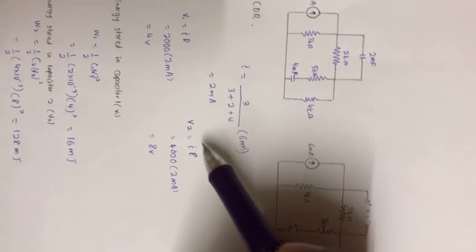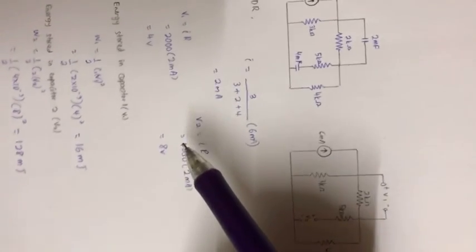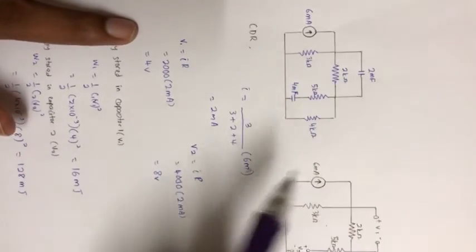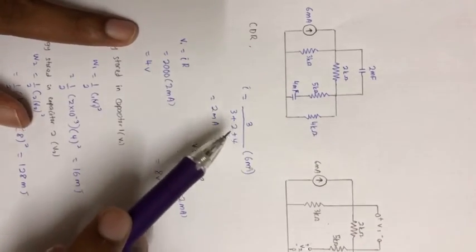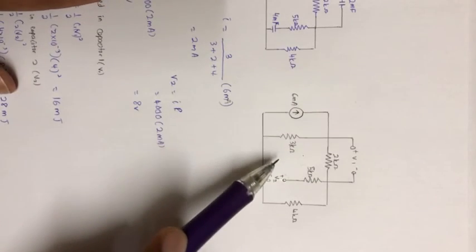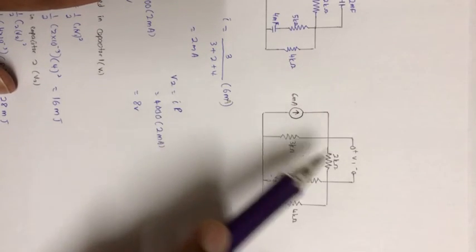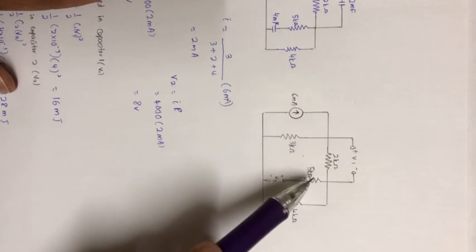Now we should find the current flow using CDR. We just use the 3 main resistors, where current flows, because there is no current flowing through this 5 kilo ohm resistor.